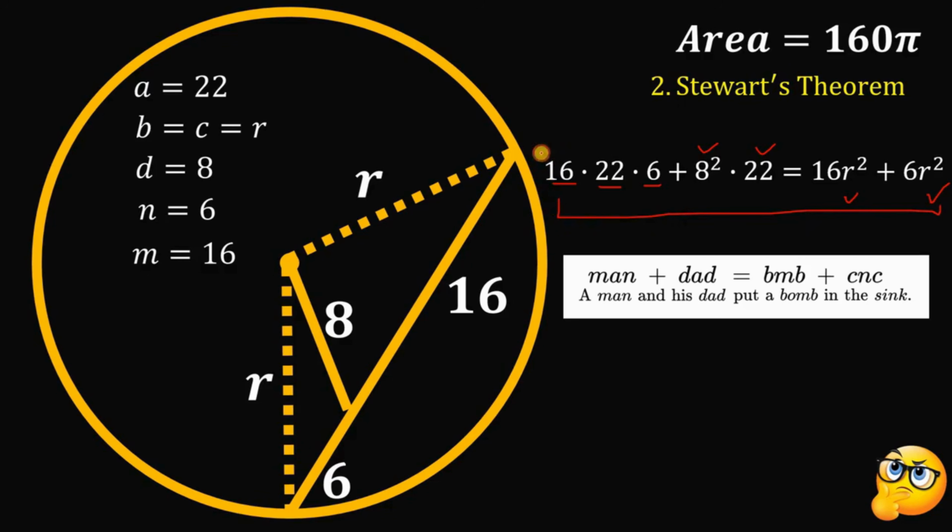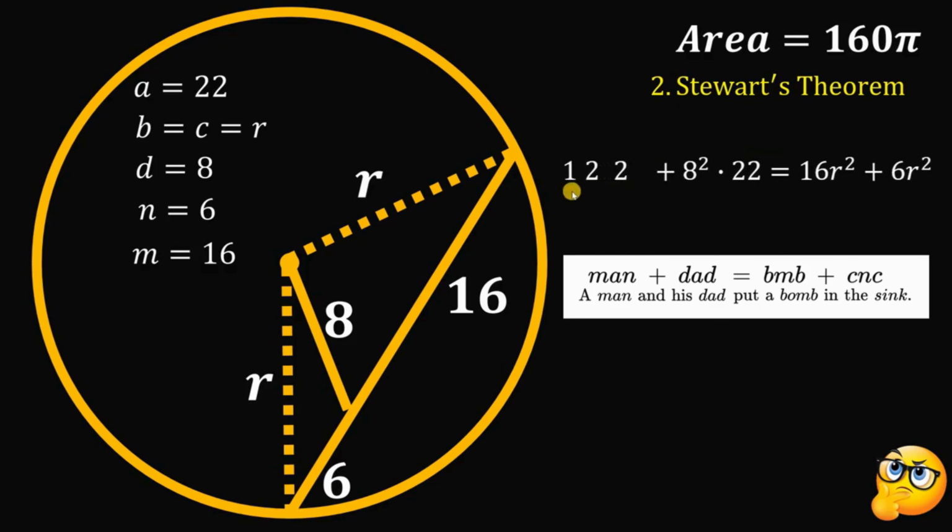So let's do that. 16 times 22 times 6, this will give us 2,112. Now, 8 squared is 64, multiplied by 22, this will give us 1,408. Now, 16r squared plus 6r squared will give us 22r squared. And if we add 2,112 plus 1,408, we get 3,520.